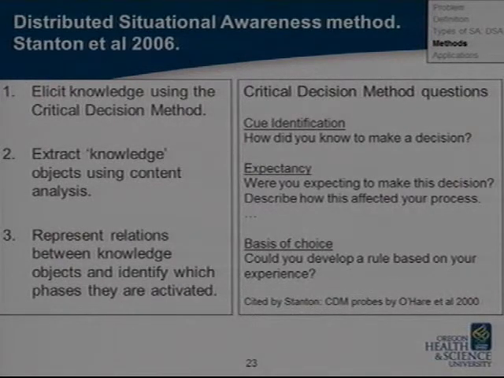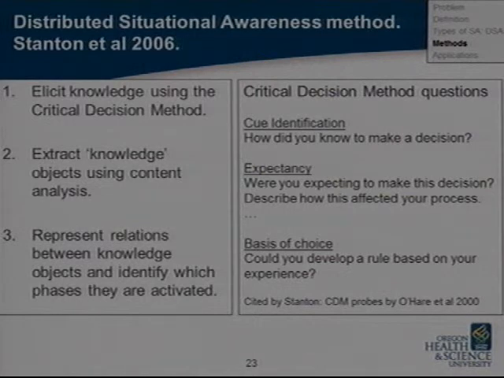This isn't necessarily a technique for looking at distributed situational awareness models. This isn't necessarily a measurement technique yet. It's more of a descriptive observational model. But Stanton et al. proposed looking at this notion of a propositional network.